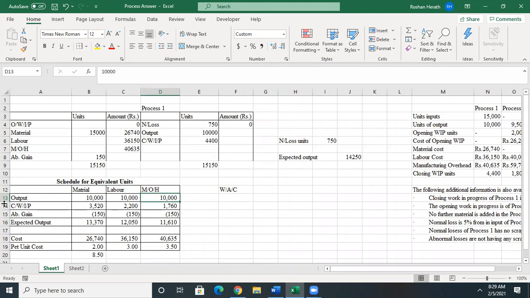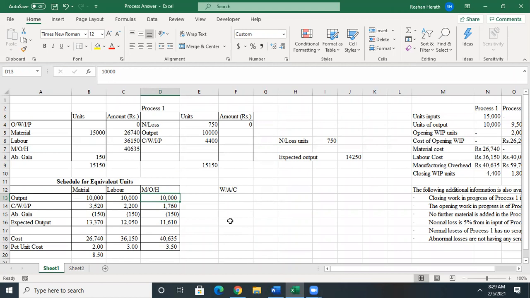You will witness that when we are working out the next question. The unit started and completed during the period, and also the opening WIP units to be completed, those two aspects we are going to take into account, but here there's nothing as such.